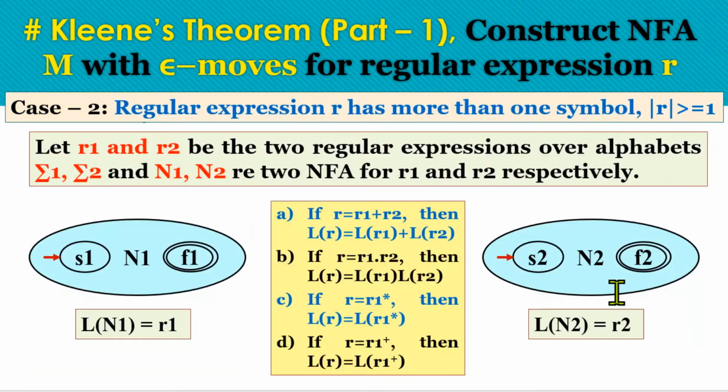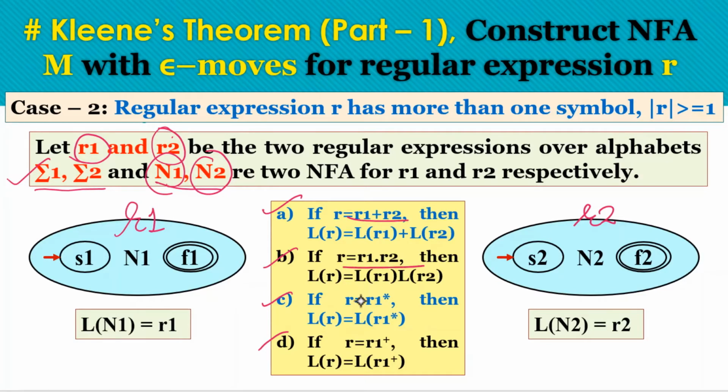Under case 2 we divide a regular expression into two sub expressions, R1 and R2, which can be further subdivided. The machine corresponding to R1 is N1 and the machine corresponding to R2 is N2, and we proved four identities in case 2 of Kleene's theorem: union, concatenation, Kleene closure, and positive closure.